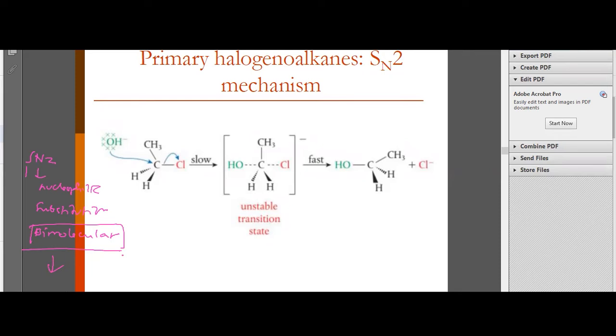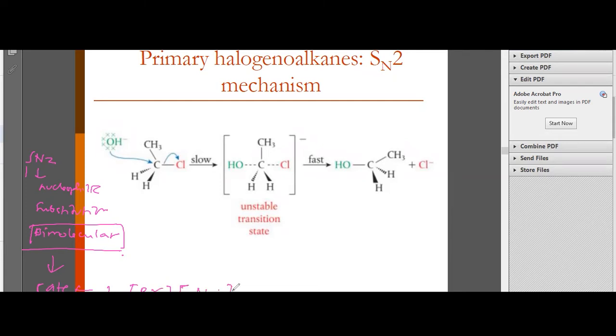Because in the rate determining step, two molecules affect the rate. So rate equals k, the rate constant, times the concentration of halogenoalkane times the concentration of the nucleophile.